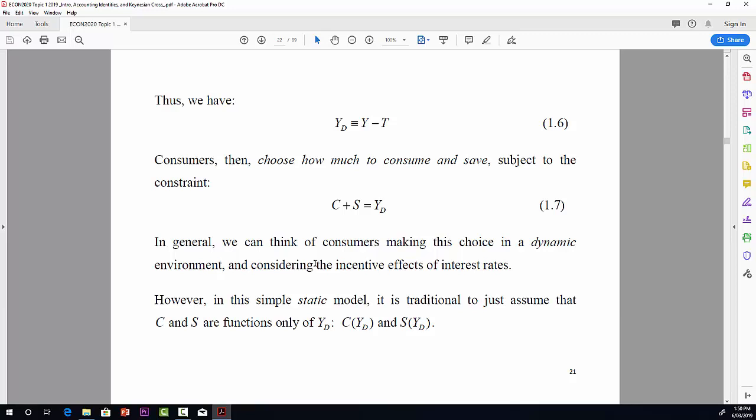However, in this course, we're going to be using a simple static model, at least to begin with. Following textbooks and the way it's typically done, we just assume that both consumption and savings are functions of disposable income. So C as a function of disposable income and savings as a function of disposable income.